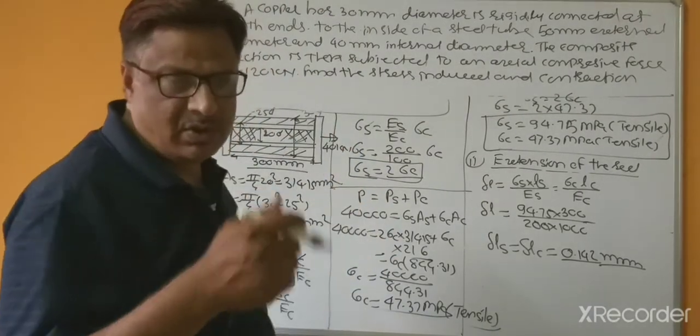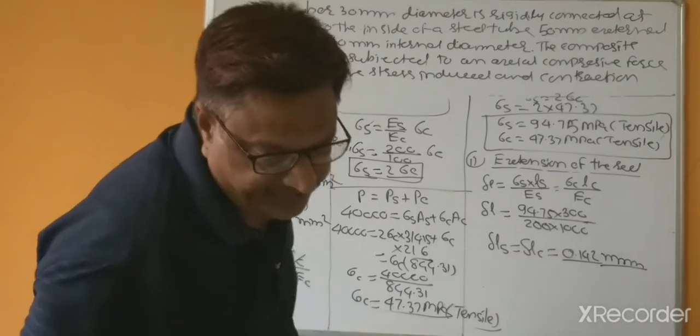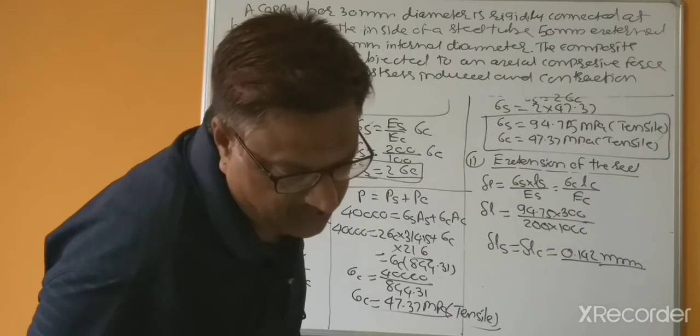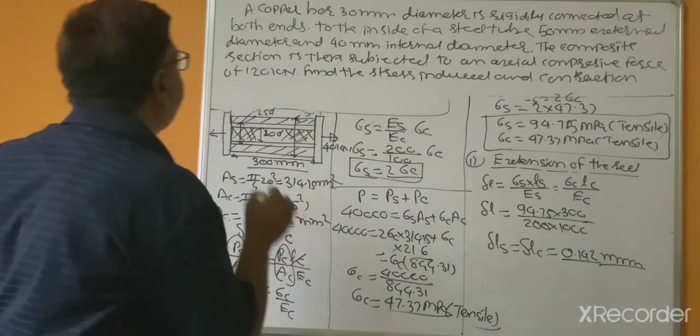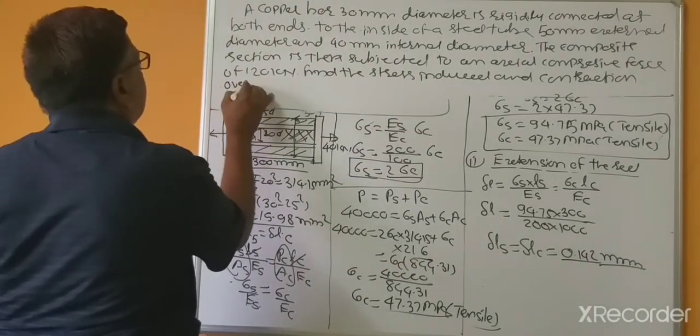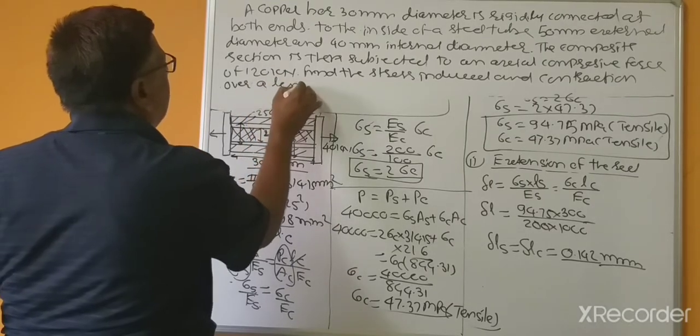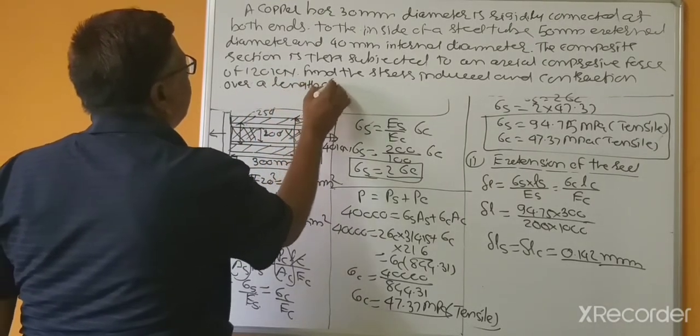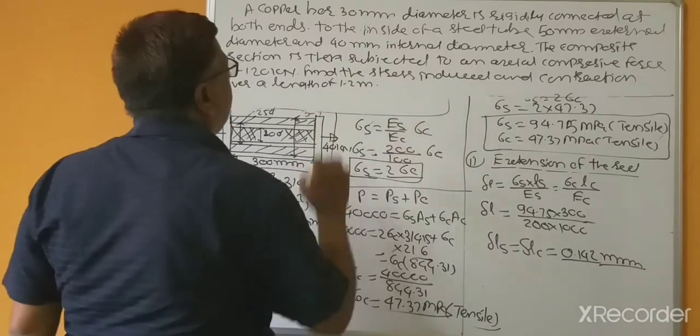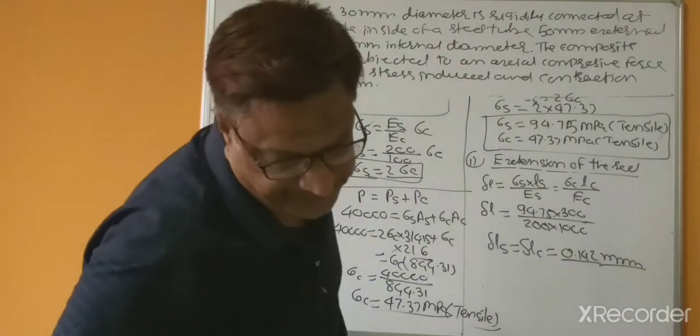Shrinkage means reduction due to temperature. This is contraction because of the force, over a length of 1.2 meter.